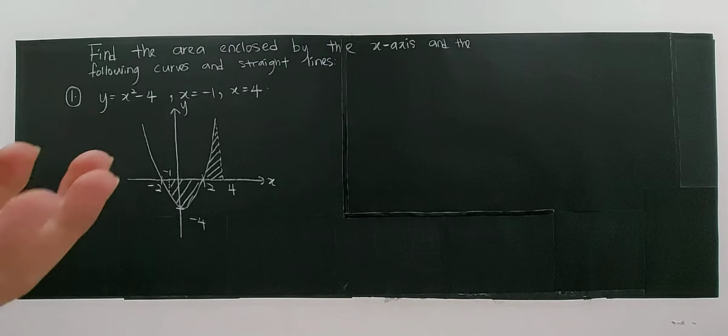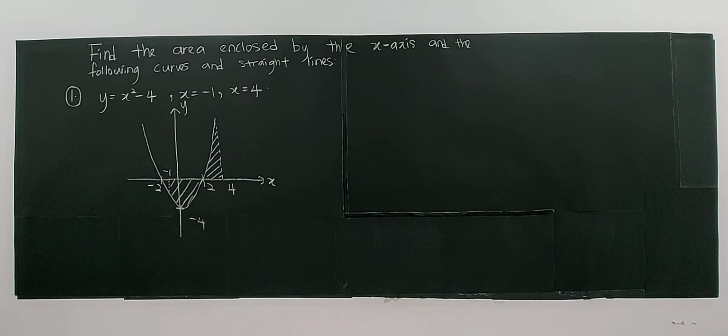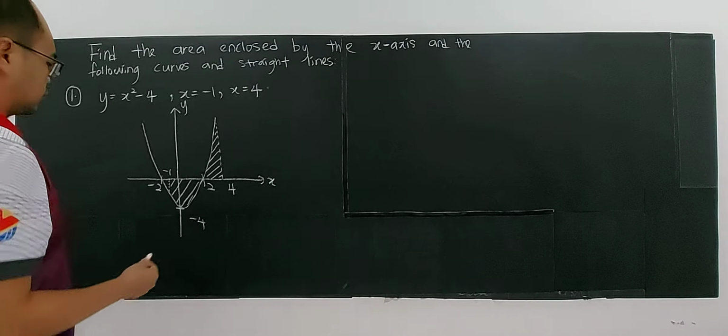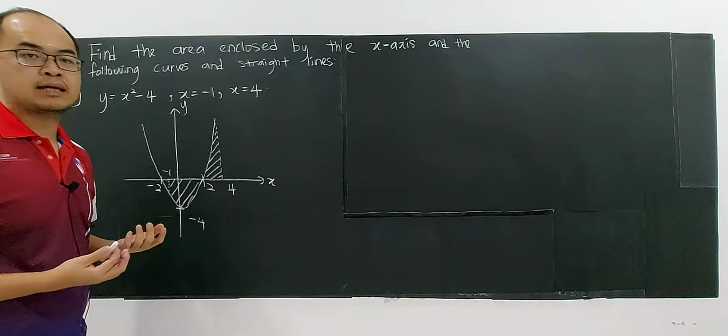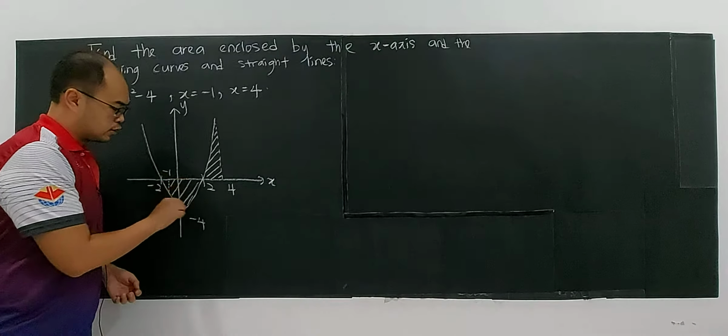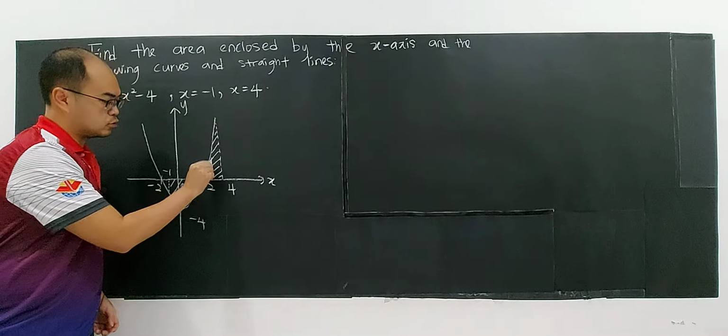But area cannot accept a negative value, so area should be positive. If you take this as negative and this as positive and sum them up, the total area will be lesser. So I'm going to divide this into two regions.